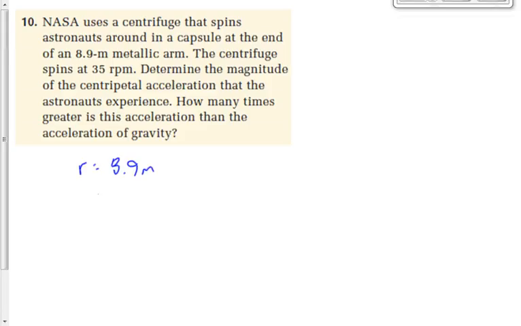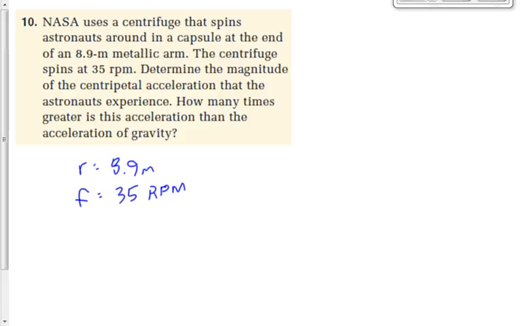What's this 35 RPMs? People get this one mixed up. Which variable is that? Yep, it's frequency. I would say probably two-thirds of you would say it's frequency, and one-third would say it's period. RPMs, revolutions per time, is frequency. Now, we don't want it per minute, we want it per second.